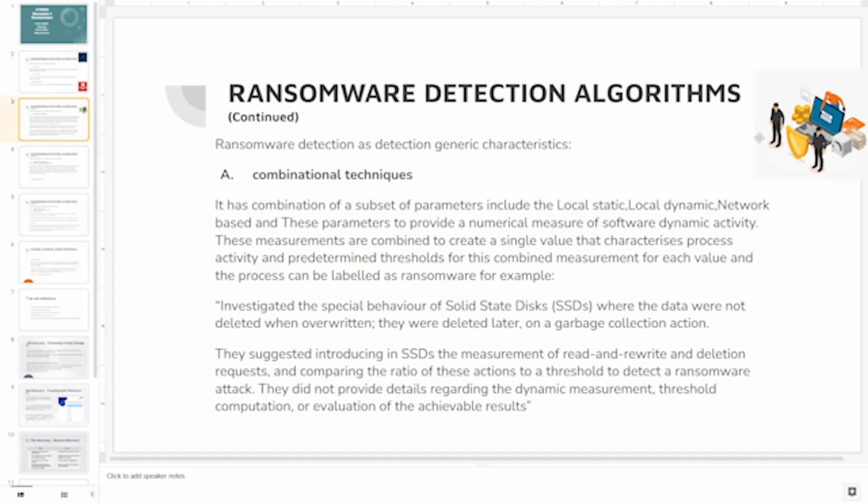For example, one study investigated the special behavior of SSDs, where data were not deleted when overwritten but later on by a garbage collection action, which suggested introducing into the SSD a measure of read, rewrite, and deletion requests.